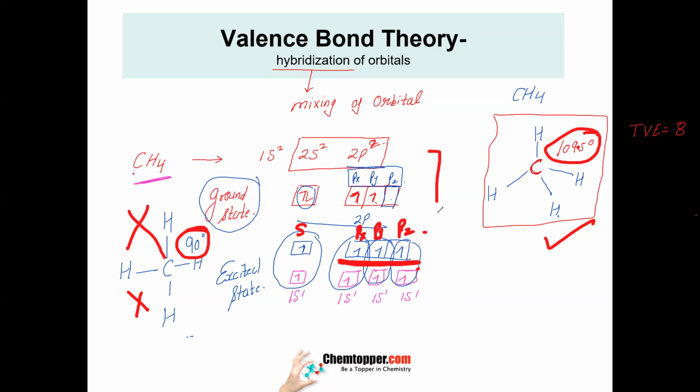So theoretically, when I'm doing it on paper, looking at the excited state of carbon, the angle should be 90 degree when I'm visualizing it. But experimentally, it is like this. This is the real structure, experimental. So it means there is some error in our analysis. And for that, they started using the hybridization concept to explain why the angle is 109.5 degree. We are using the concept of hybridization.